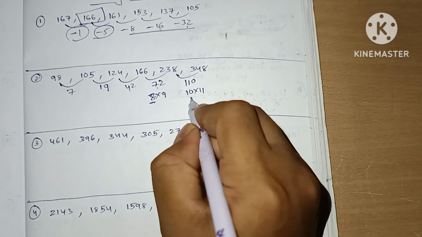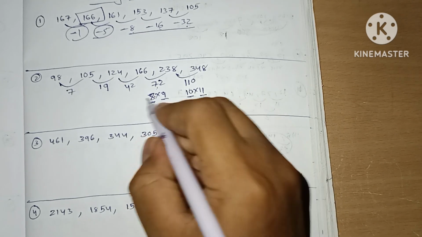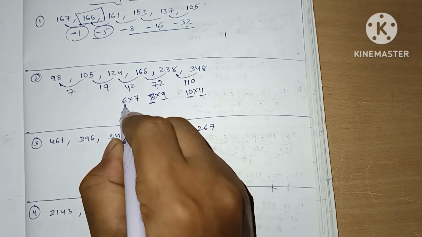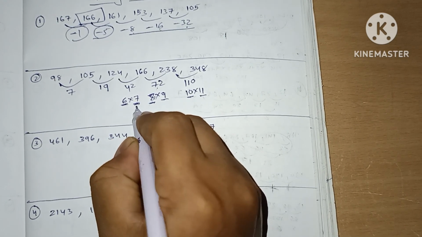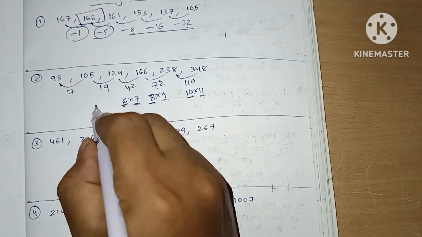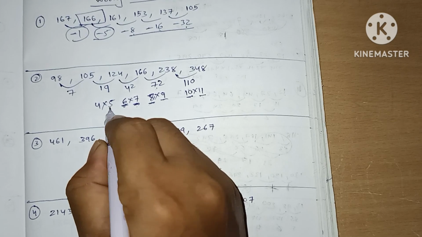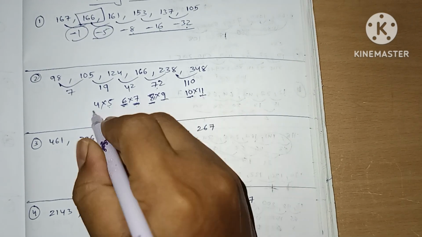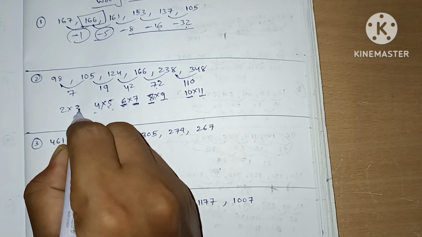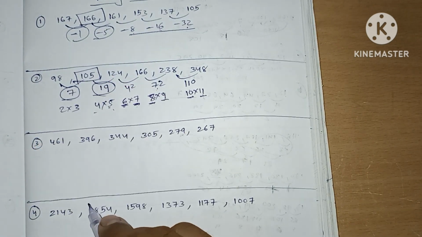So these are even numbers and these are odd numbers and successive numbers. This is 6 7 times. So this is an even number and this is an odd number. 6 8 10. So it must be 4 into 5. 5 7 9 11. So this must be 4 into 5 and this must be 2 into 3. So these two are wrong numbers. So our wrong number is 105.